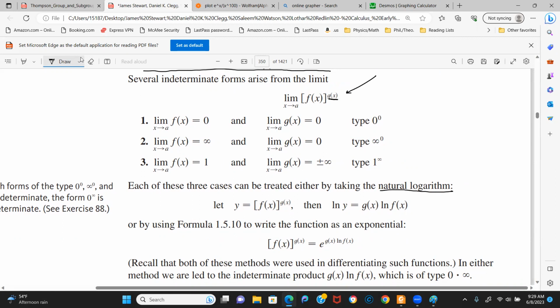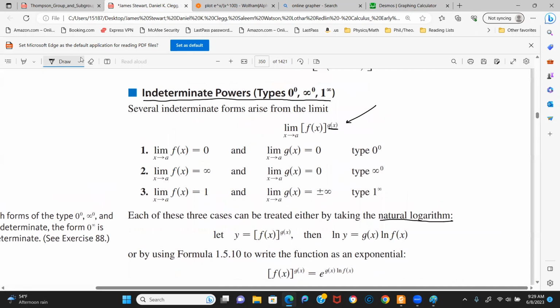And the goal is to again take this indeterminate power and reduce it to our usual indeterminate form of 0 over 0 or infinity over infinity, so we can apply L'Hopital's rule.